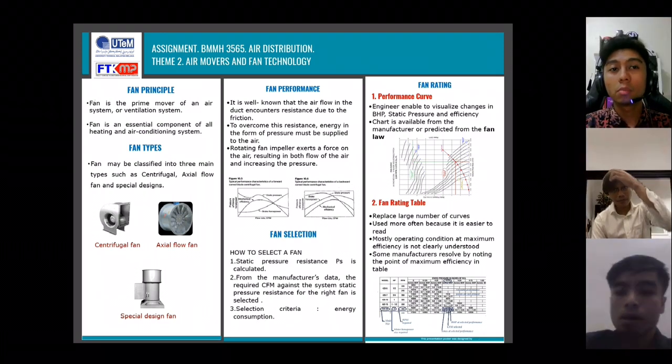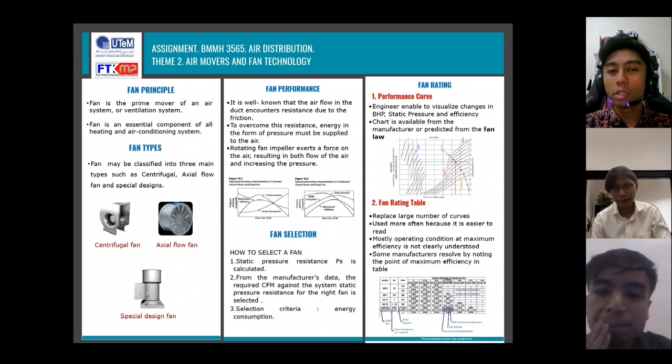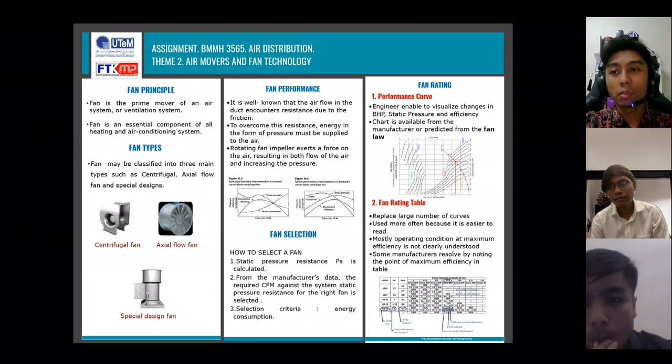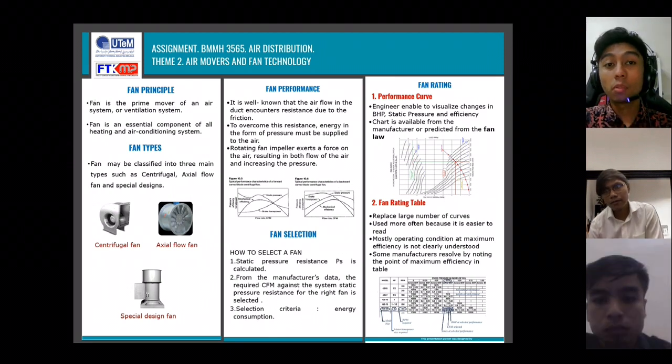So right now I'll be presenting about fan rating, which is in subtopic 6.5. So there are two ways of finding fan rating. The first way is by using performance curve. Based on the performance curve, engineers are able to visualize changes in fan brake horsepower (BHP), static pressure, and efficiency.